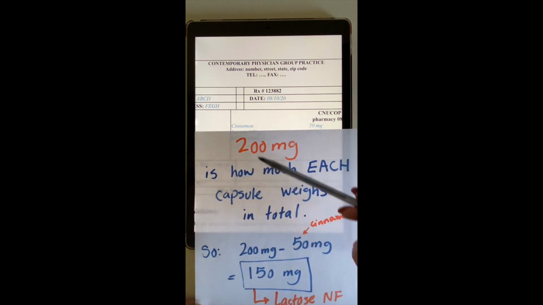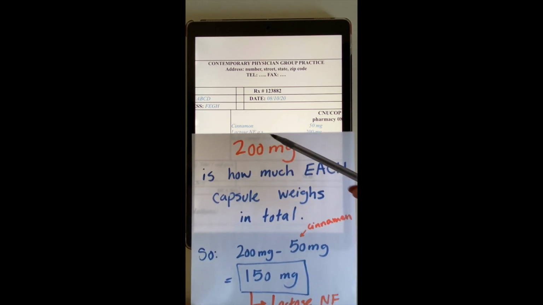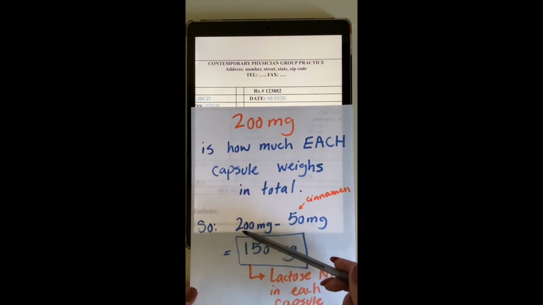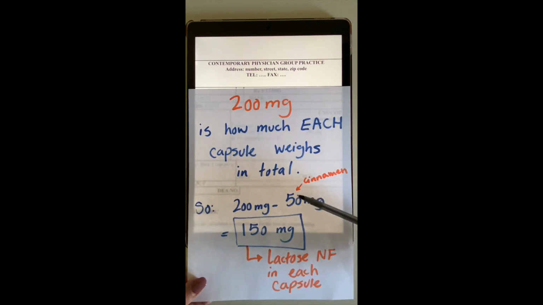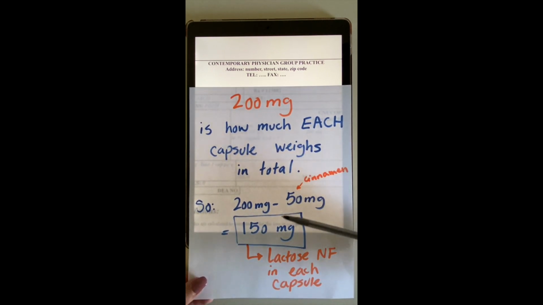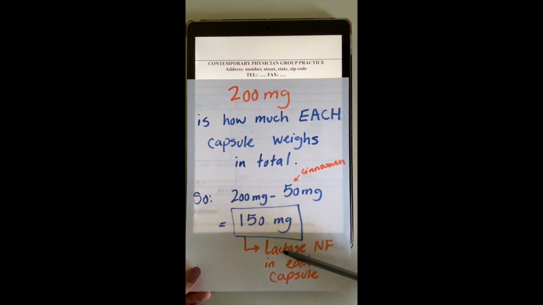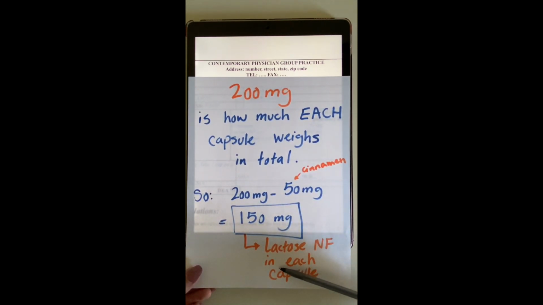Simple math: you subtract the 50 milligrams of cinnamon from 200 milligrams, the total weight of each capsule, and it will give you 150 milligrams of lactose NF that you will need to compound each capsule.